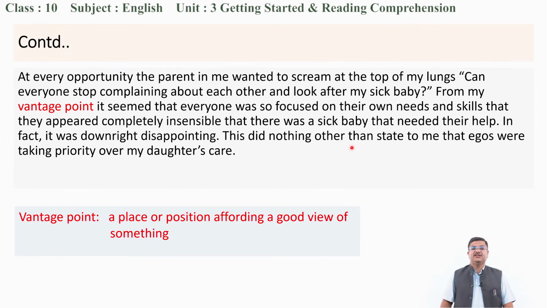They were not concerned about the sick baby. They were not concerned about the sick people in the hospital. How shameful this is. They appeared completely insensible. They were not sensitive that there was a sick baby who needed their help.